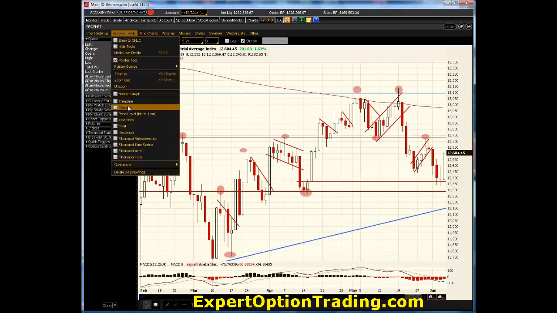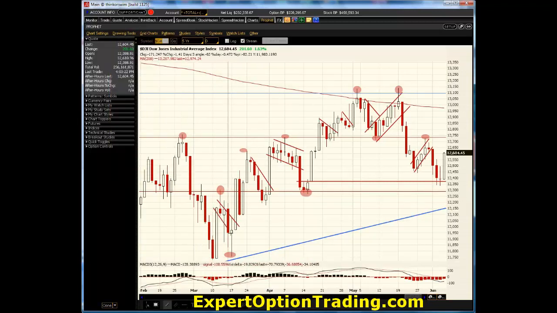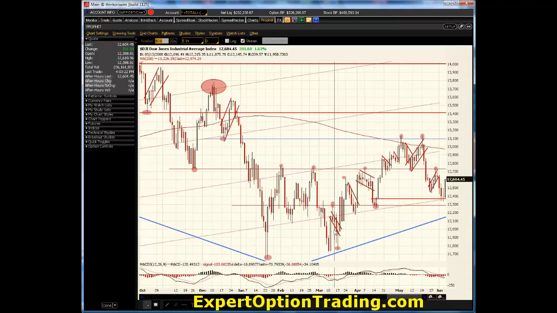Again, these do not have to be exact. What you're looking for is a general pattern of slowly declining prices over time. And that's exactly what happened. These were a bit wider than usual, but that's to be expected at a market bottom. This is really a market bottom here.